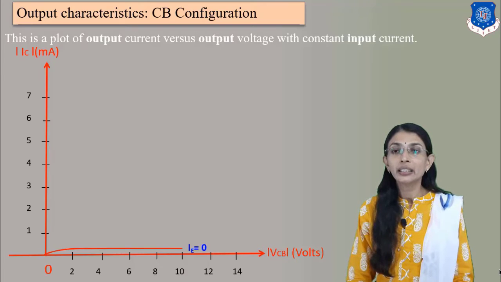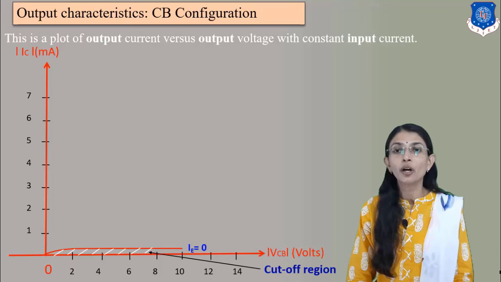So this current below IE equal to 0 is known as cutoff, and that region is known as the cutoff region. This region is used as a switch, ideally an open switch. No current flows during open switch application.